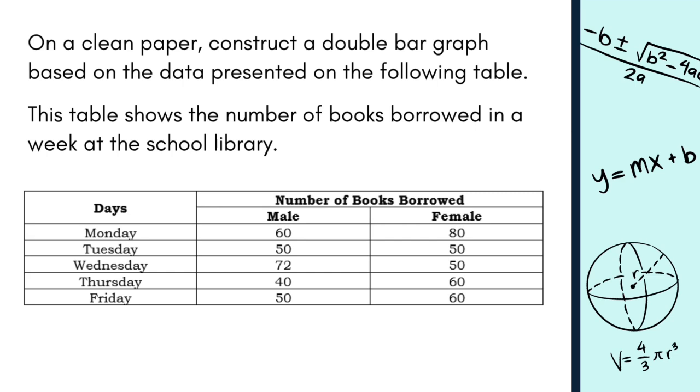So, ilan ba yung books na nahiram ng male, for example, male readers on Monday and female readers on Monday? So, gaano ba kadami yung na-cater nila ng borrowers ng book? Now, kinlassify lang nila, hiniwalay lang nila, okay, or kinategorize lang nila into male and female.